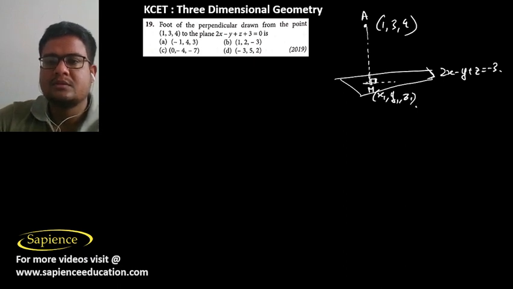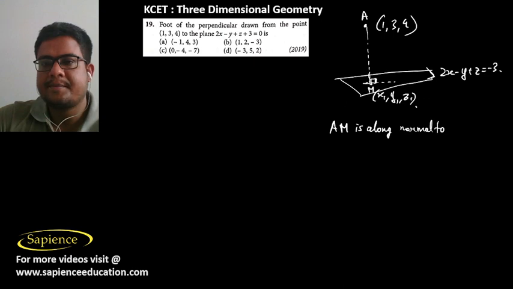So then the direction ratios of AM is along the normal vector to the plane. So here the normal vector to the plane, n vector, is 2i cap minus j cap plus k cap.